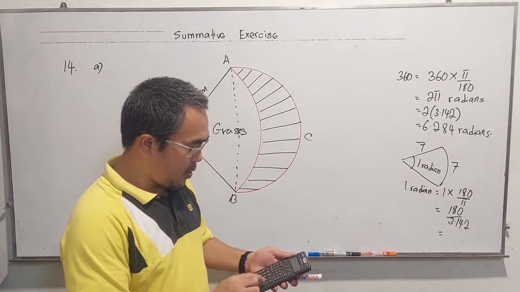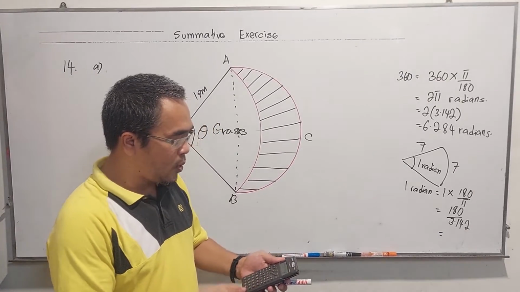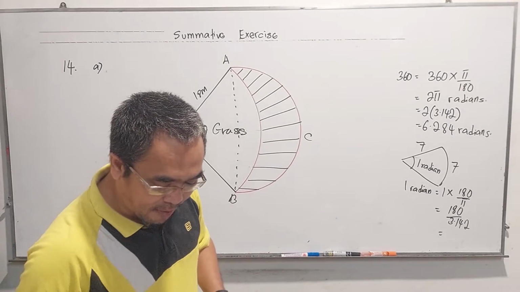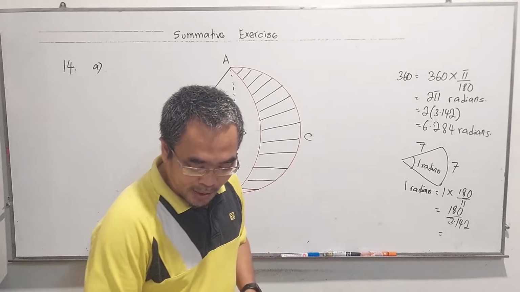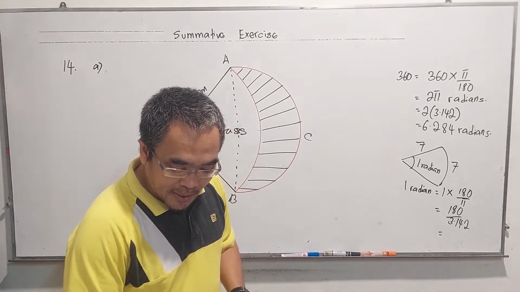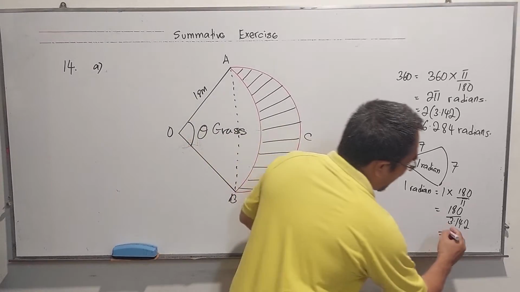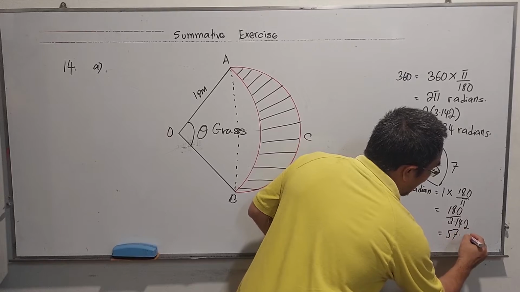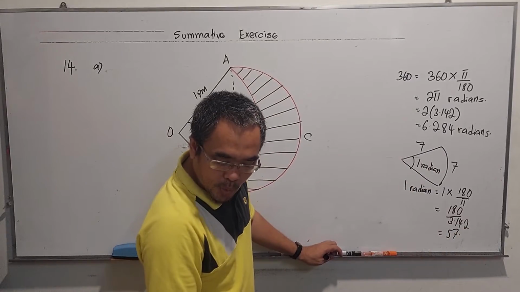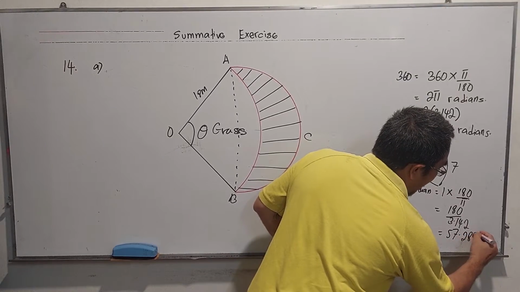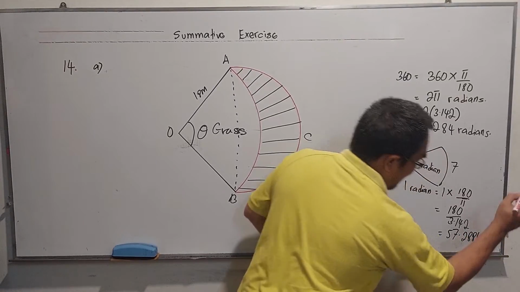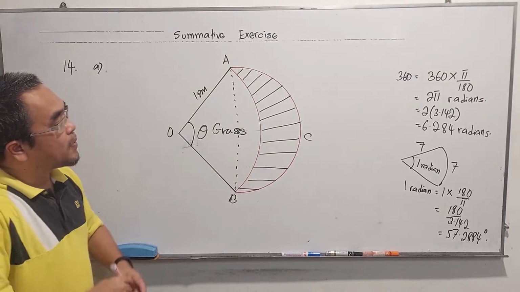So 180 divided by 3.142 will be 57.29 if you are talking about 2 decimal places, but I would prefer at least 4 decimal places, 57.2884 degrees.